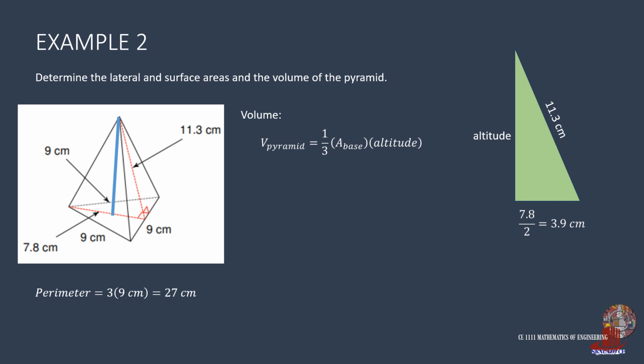Through the Pythagorean theorem, we take the altitude as the root of 11.3 squared minus 3.9 squared, giving 10.61 cm. We take a third of 35.10 times 10.61, which makes 124.137 cubic centimeters for the pyramid's volume.